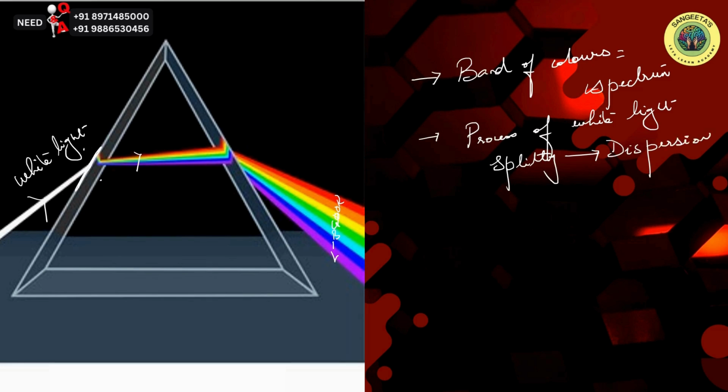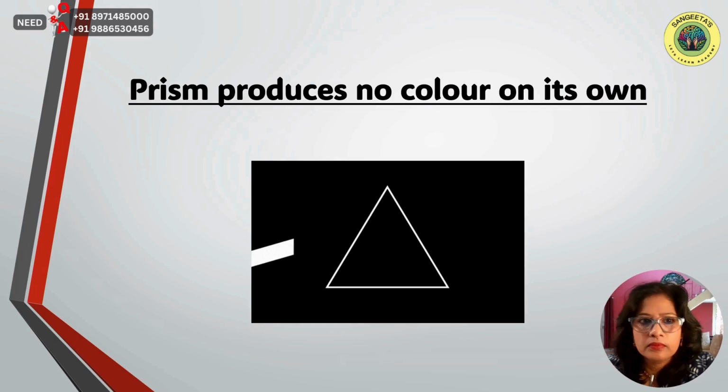The colors which appear on the spectrum are VIBGYOR, from the bottom. This is how the colors are split. So it is said that the prism does not produce color on its own.